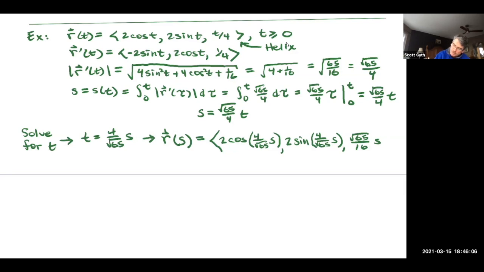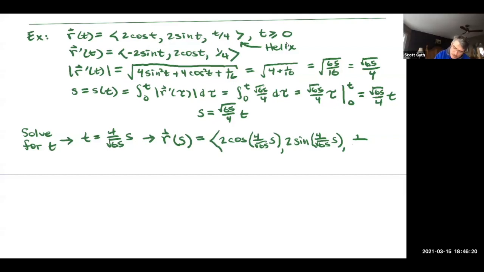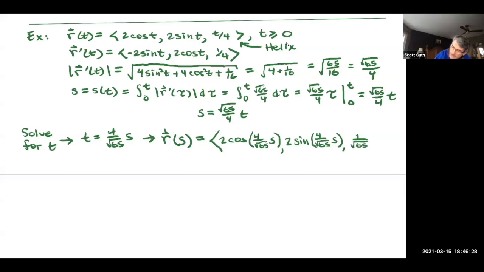Oh no, I screwed up. I'm looking at the wrong one. t over 4. So is it 16 over the square root of 65? But it's over 4. Don't the 4s cancel? Am I crazy? That's what I was thinking, that they would cancel. Yeah, they do. And I just lost my mind temporarily. It wouldn't be the first time.